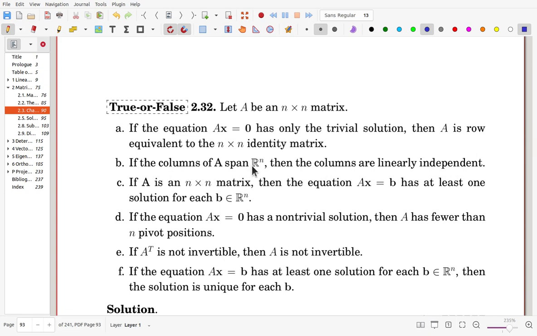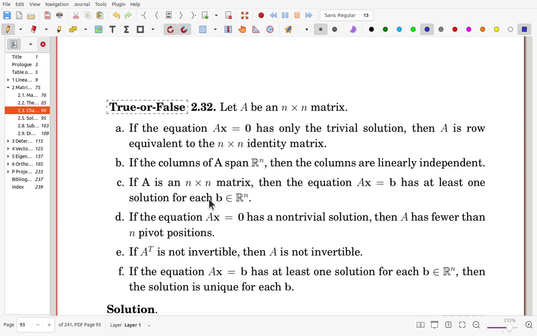Either way, it is true. Next: if A is an n by n matrix, then the equation Ax equals b has at least one solution for each b in Rn. Is it true?